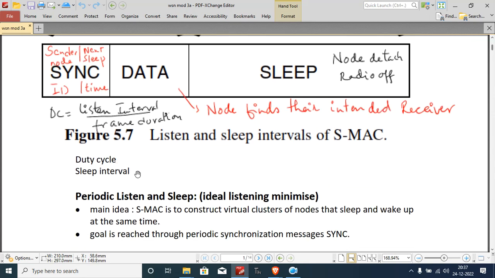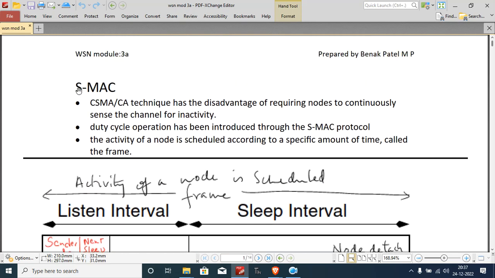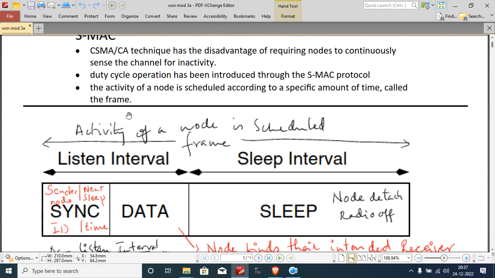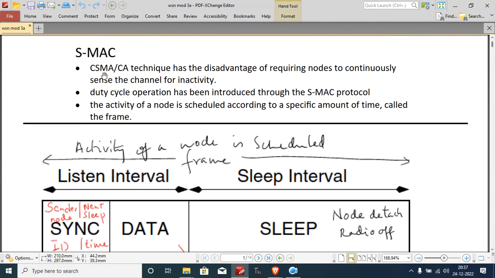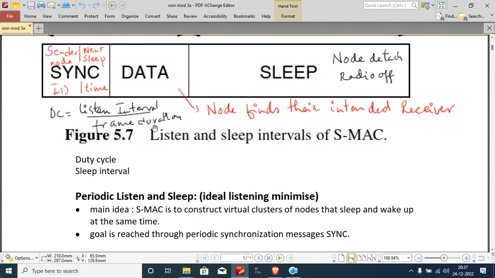So here we have explained duty cycle and sleep interval, followed by periodic listen and sleep. SMAC has a few characteristics, and the very first characteristic is periodic listen and sleep. The drawback of CSMA-CA was that it had idle listening, which consumed most of its battery juice, whereas here it has periodic listen.